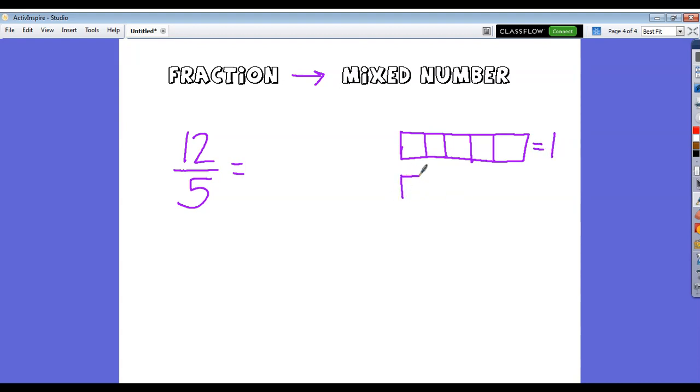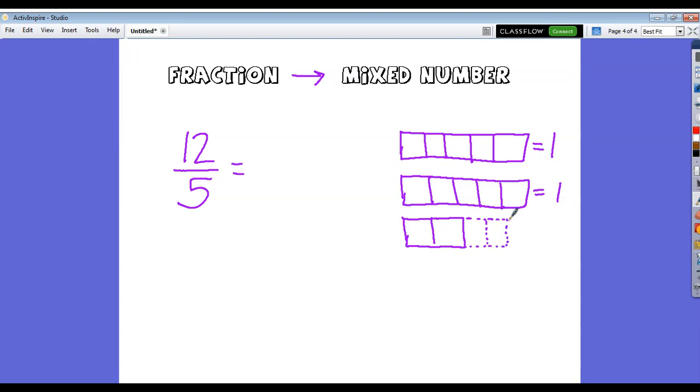Well, I have more than that, so I can draw another one. So that would be 6, 7, 8, 9, 10/5. So that's another one. And then I want 12/5. So I have 11, 12/5. And I can just draw in my little pieces to show you what it would look like if it was whole.